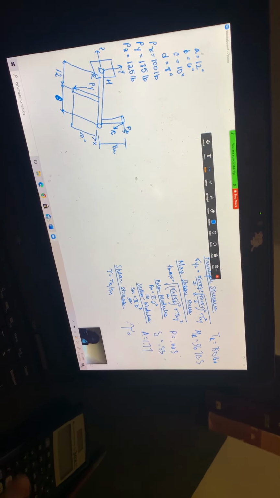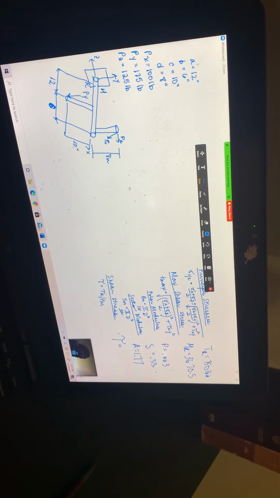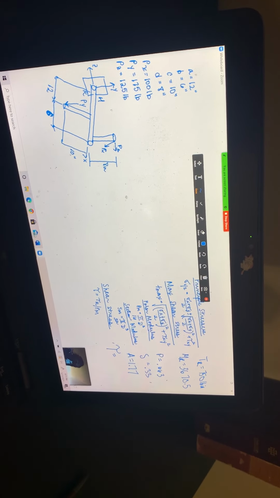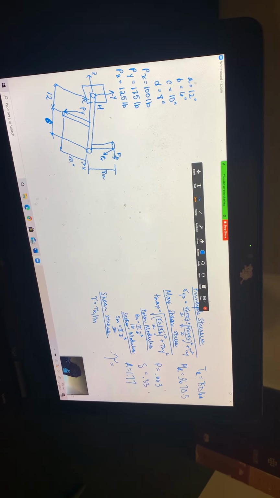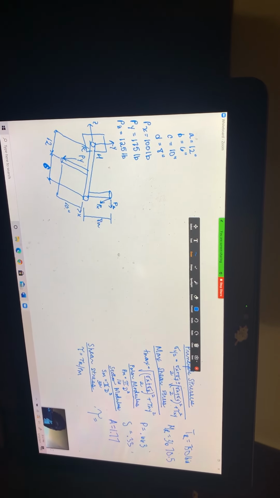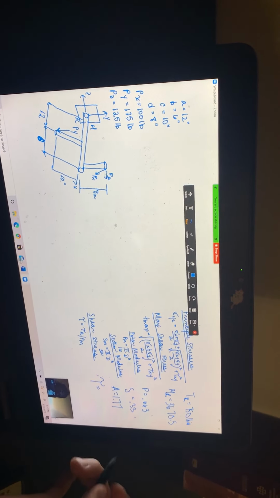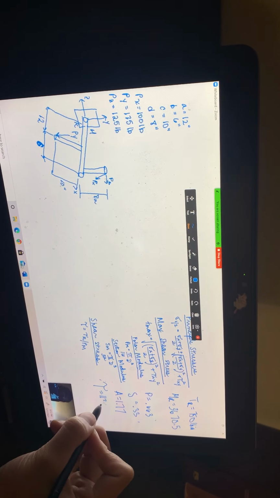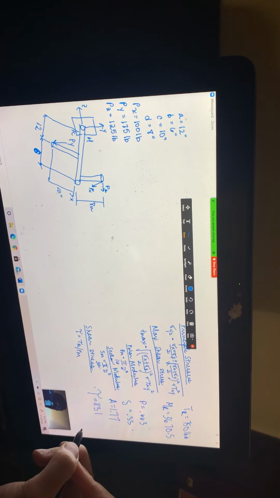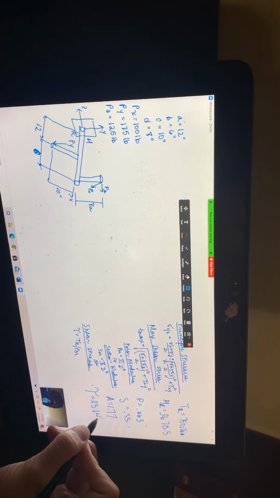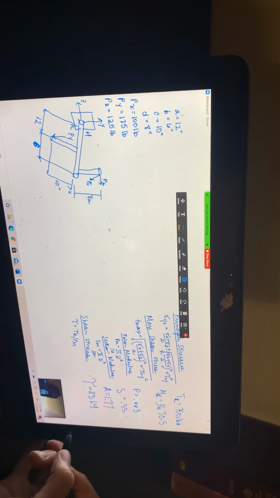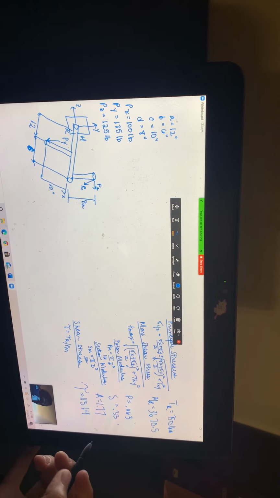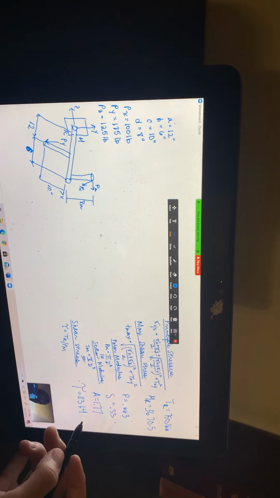the shear stress will equal 750 divided by 0.663, 1,131. And now for the bending, you take the resultant moment and you divide it by the section modulus.